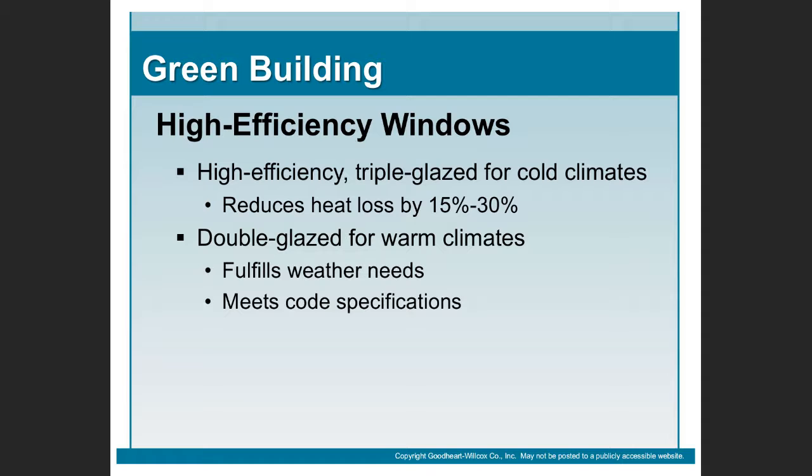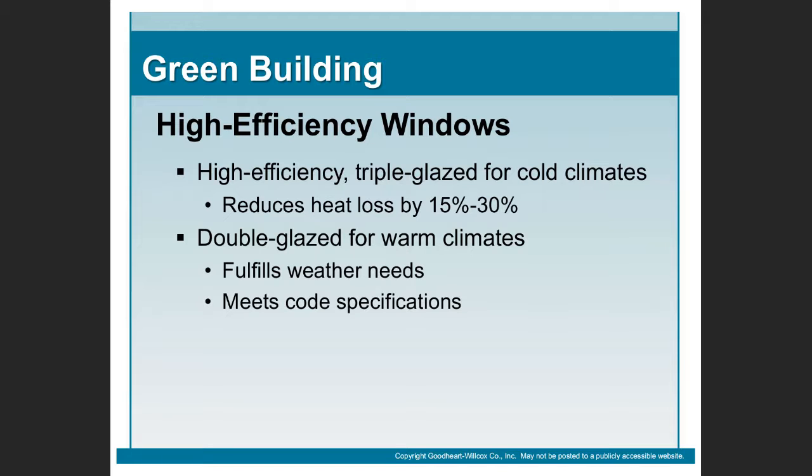We just talked about high efficiency windows, right? We're going to go from double or triple glazed windows to reduce the heat loss to make our buildings more energy efficient. Meets code specifications, right?